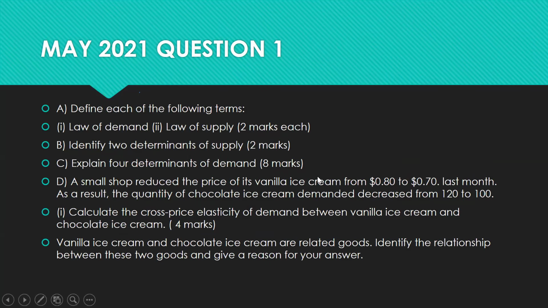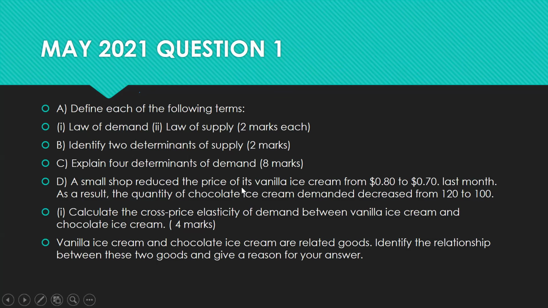The price of vanilla ice cream went from 80 cents to 70 cents, which caused the quantity for chocolate ice cream to decrease from 120 to 100. They want us to calculate the cross elasticity of demand, which will be the percentage change in demand for chocolate divided by the percentage change in price for vanilla ice cream. Cross price elasticity is the same thing as cross elasticity. So that was the question.